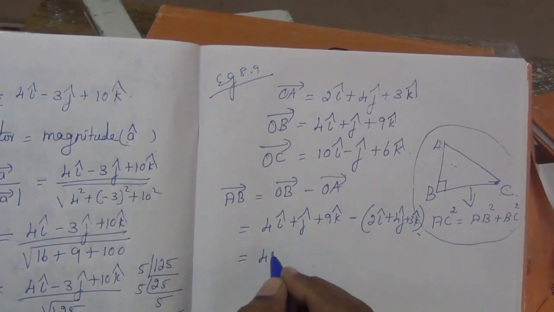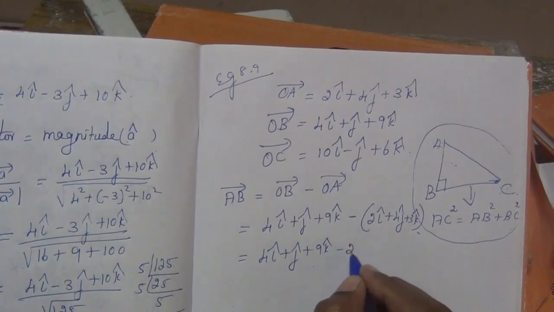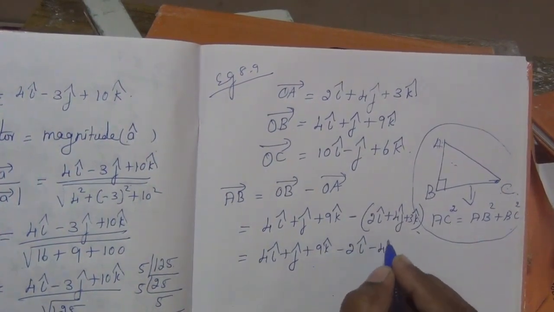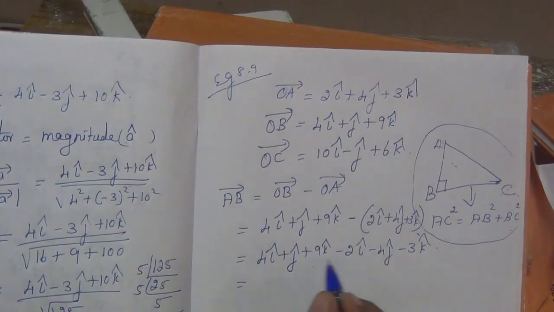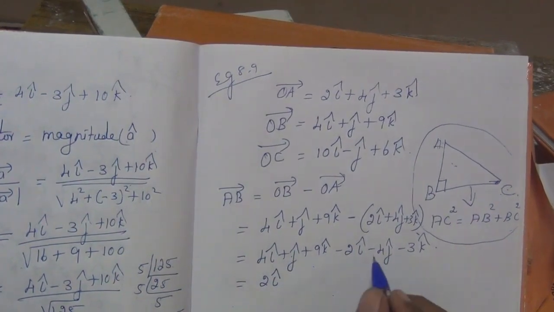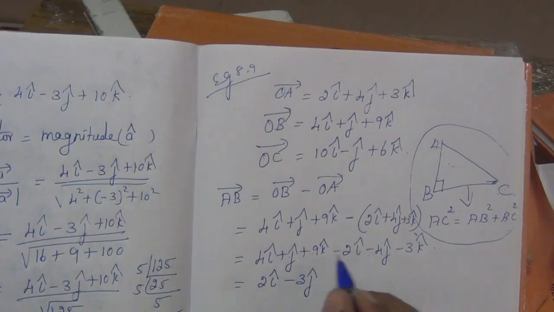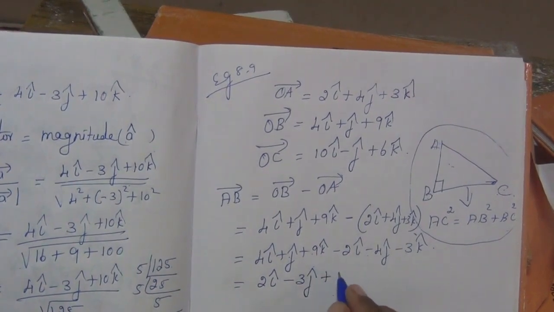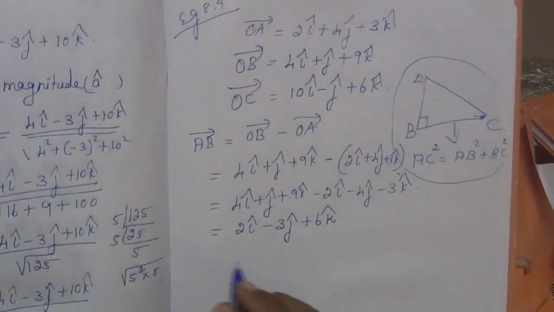So that is 4i cap plus j cap plus 9k cap minus 2i cap minus 4j cap minus 3k cap. So 4i cap minus 2i cap is 2i cap, j cap minus 4j cap is minus 3j cap, and 9k cap minus 3k cap is 6k cap.